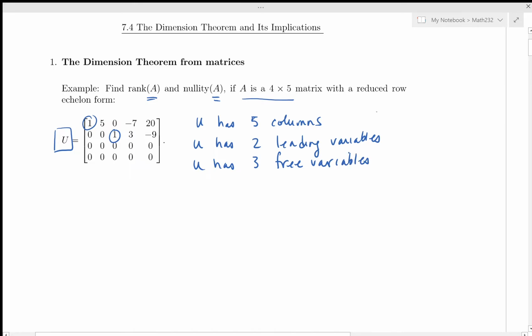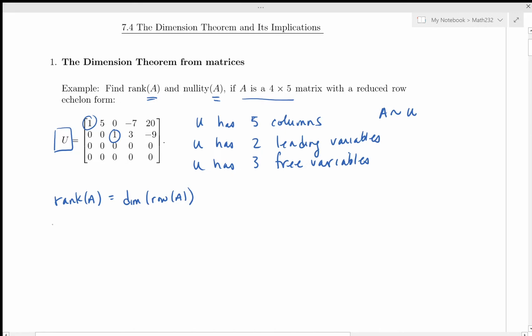We have the situation that A is row equivalent to U. And so what do we know about the rank of A? The rank of A is the dimension of the row space of A. We also know that the row space is unchanged by elementary row operations.